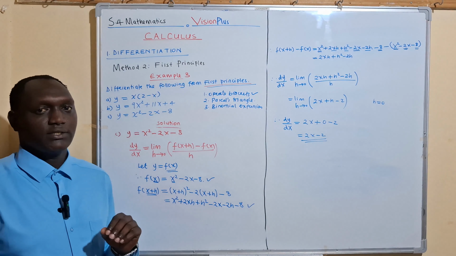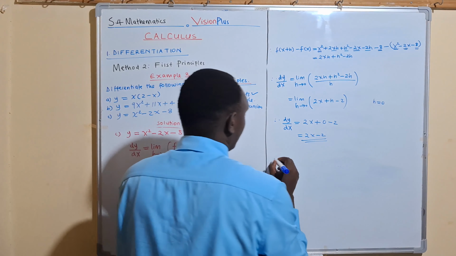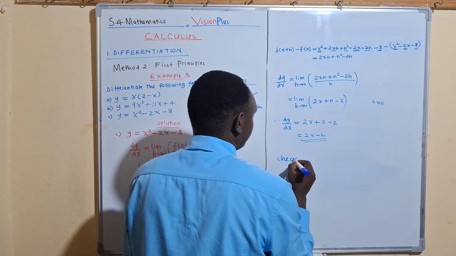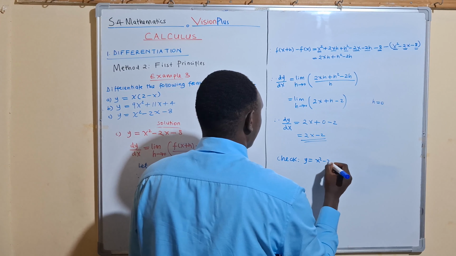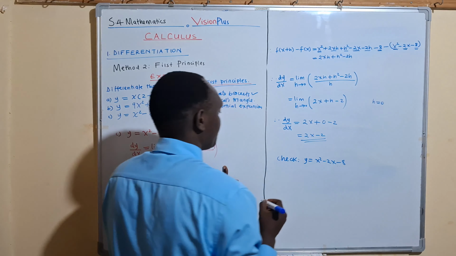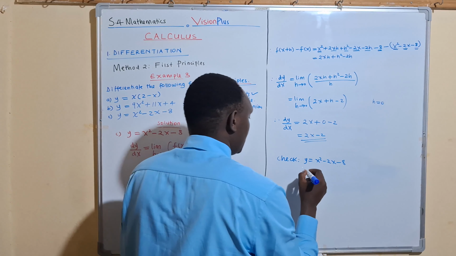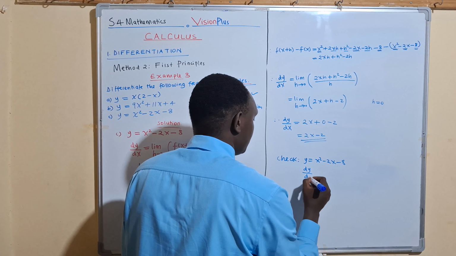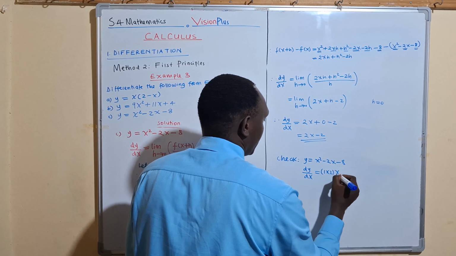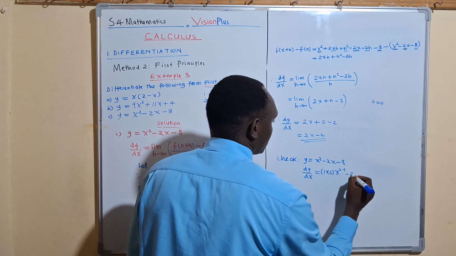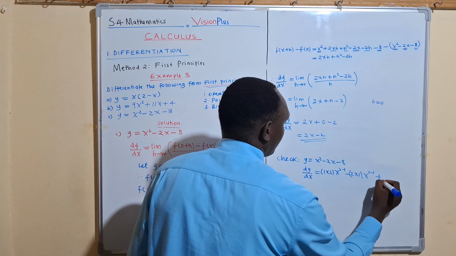If you want to check whether your answer is right or not, then you say check. You have the function y equals x squared minus 2x minus 8. You can use the methods of powers. Therefore, dy/dx here equals 2 times x to the power 2 minus 1, minus 2 times 1 times x to the power 1 minus 1, plus 0.